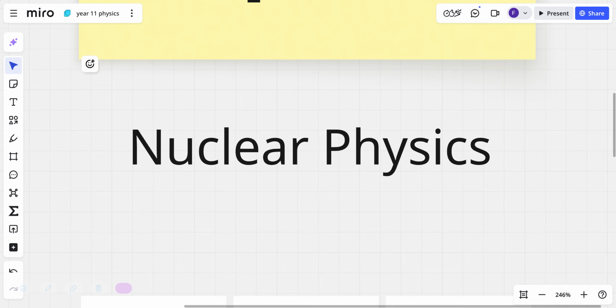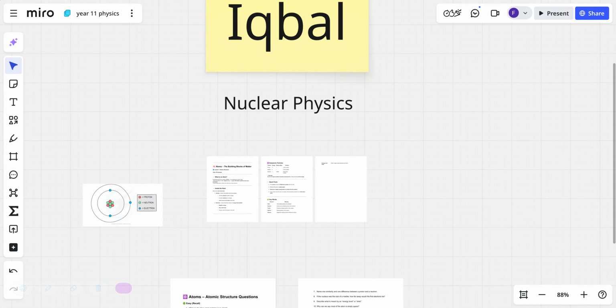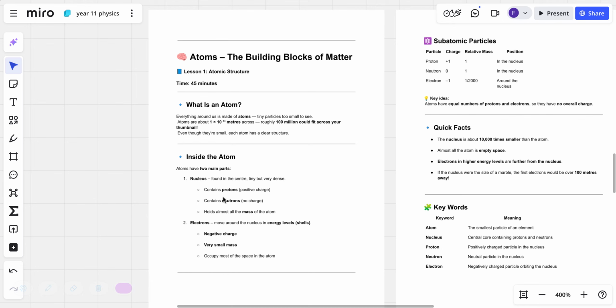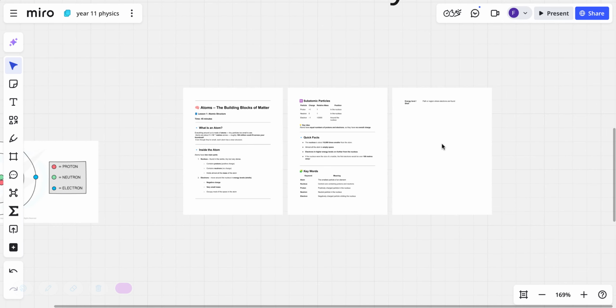So apologies for that. Hopefully 99% of this will be straightforward, and it moulds into the chemistry that we've been doing as well. It's all about atoms, but it's the start of really nuclear physics. We're going to look at the structure of the atom.